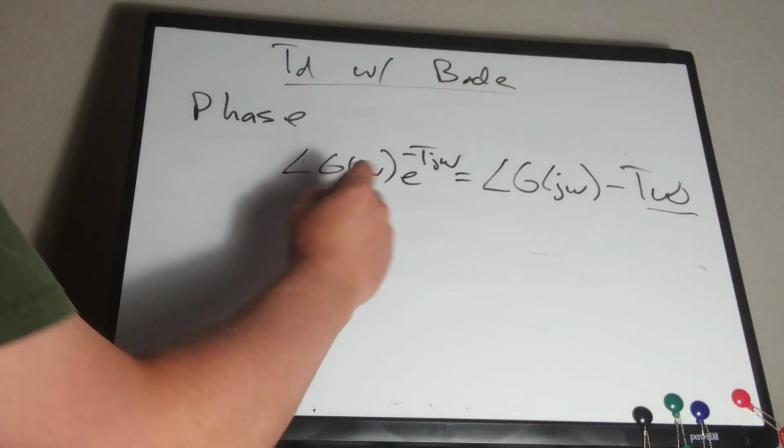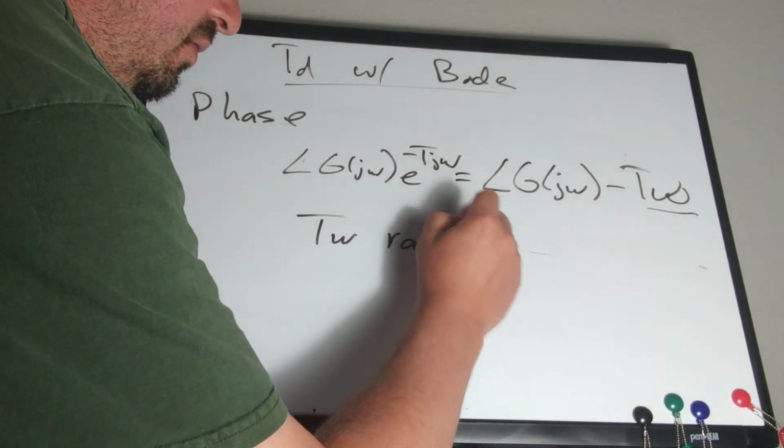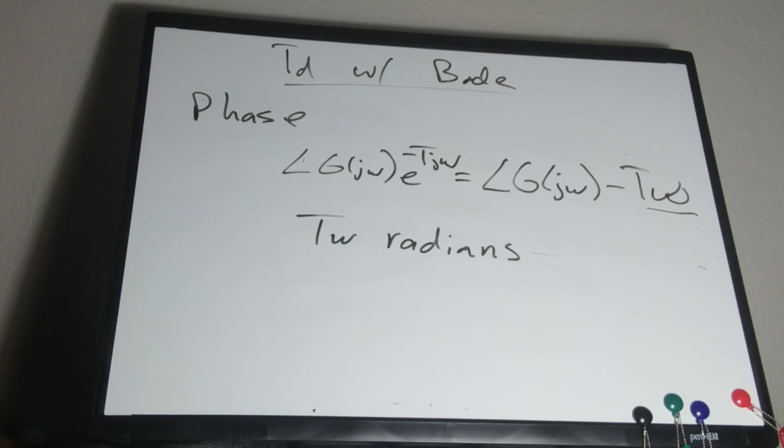So our phase is shifted by T omega radians. What does that mean in the real world?